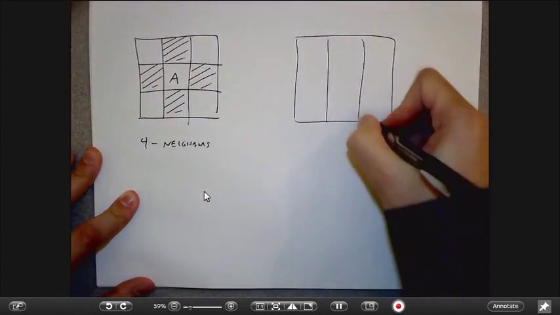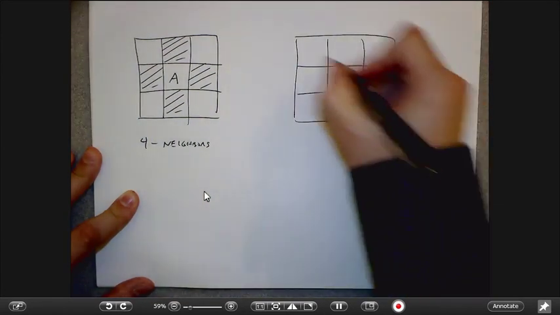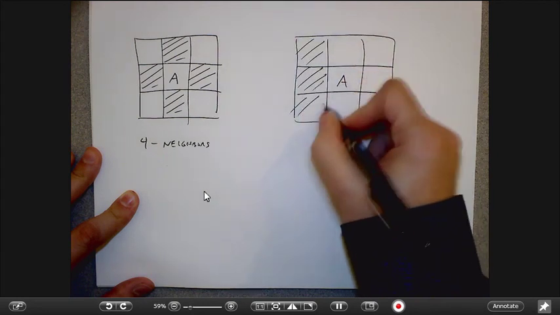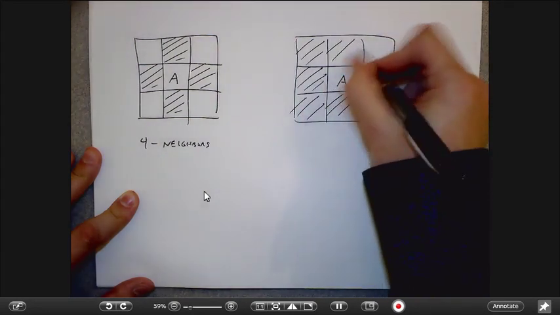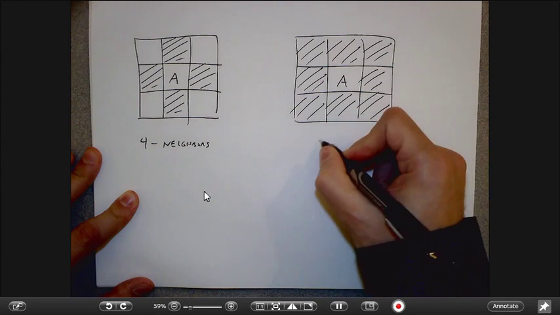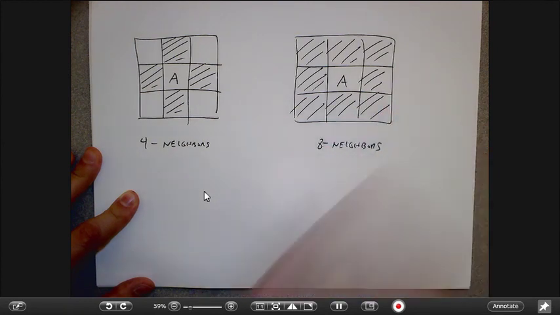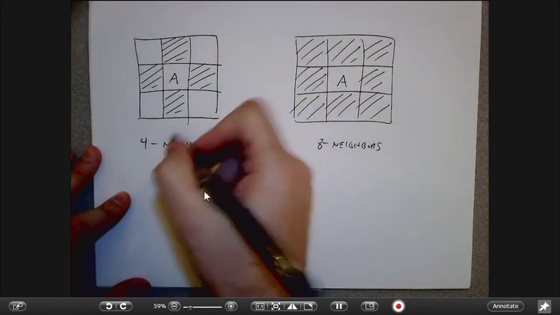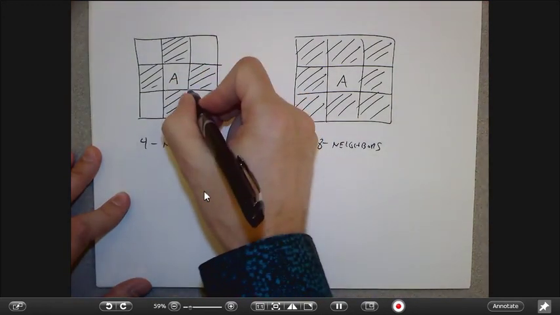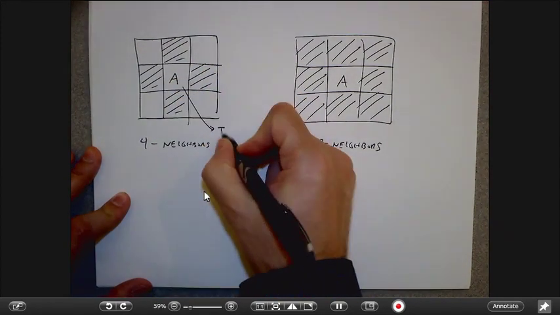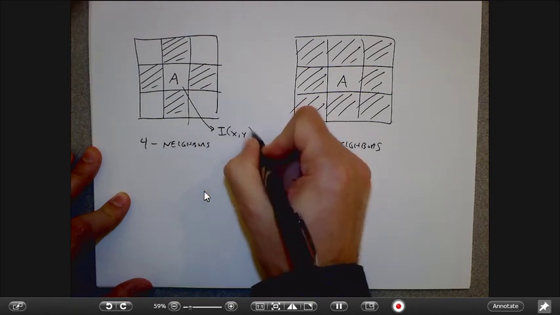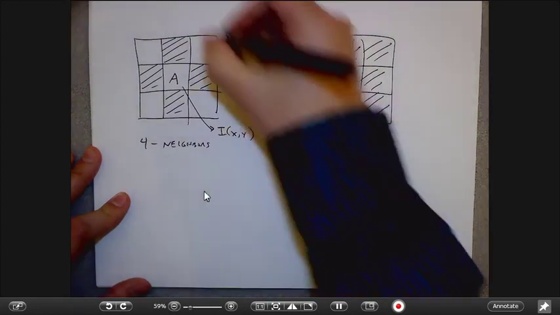And you may also hear me say 8 neighbors. That means that we look at the guys on the off diagonal as well.